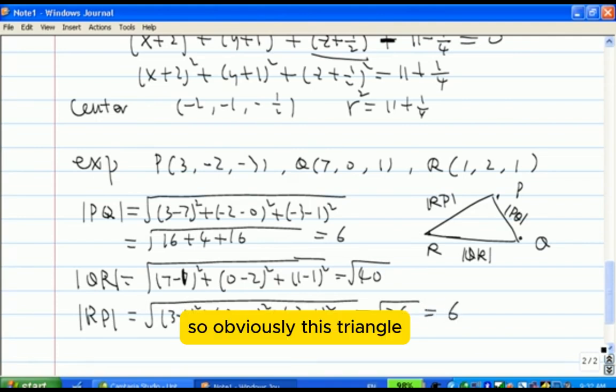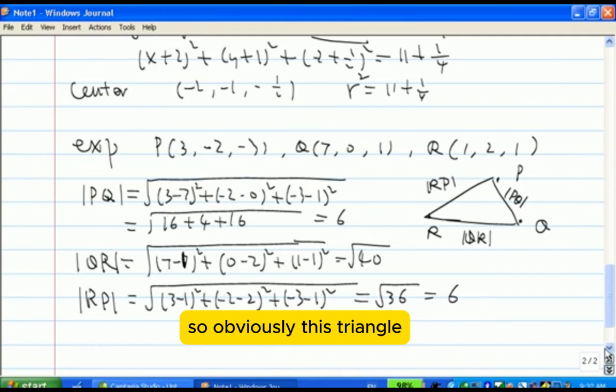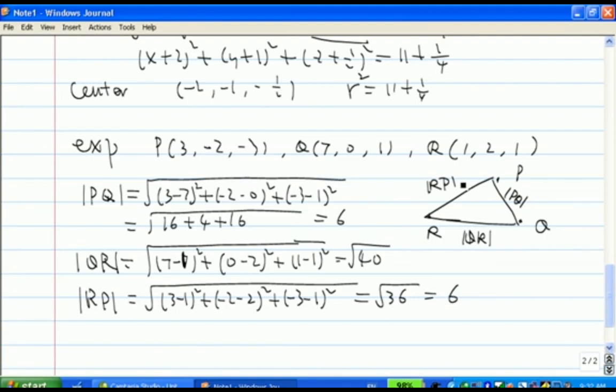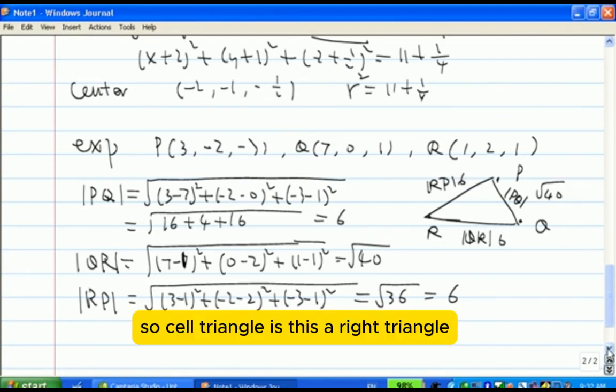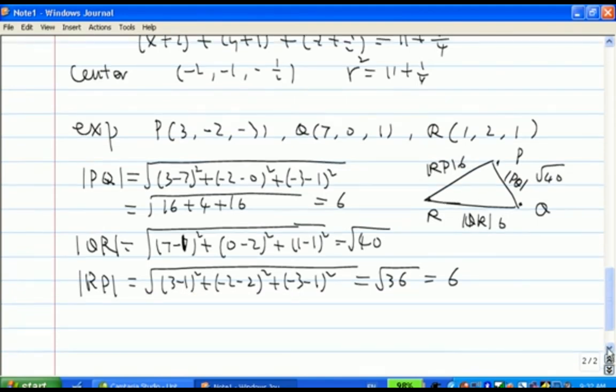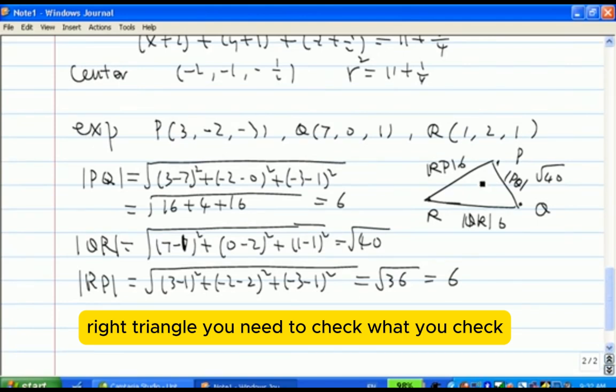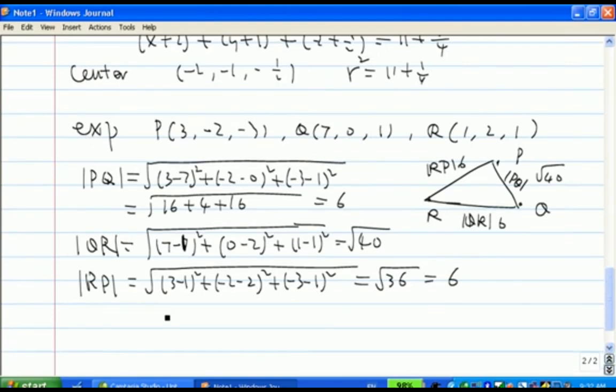Okay. So obviously this triangle, here's a 6, here's a 6, here's square root of 40. It is an isosceles triangle. Is this a right triangle? For a right triangle, you need to check what?